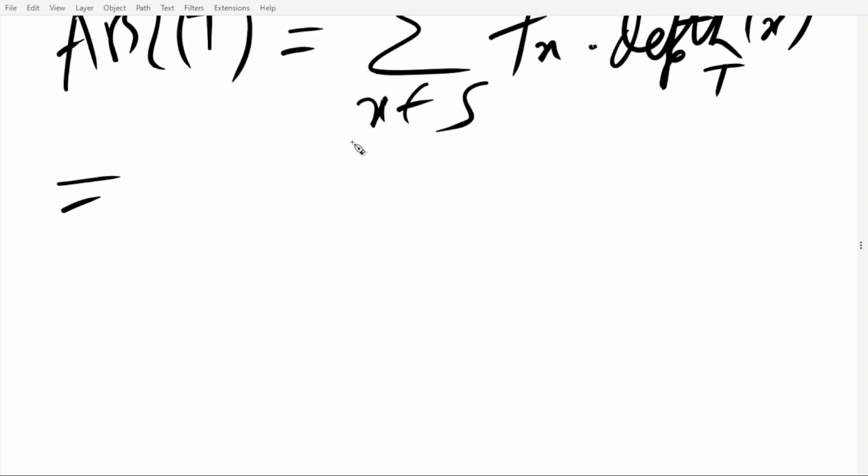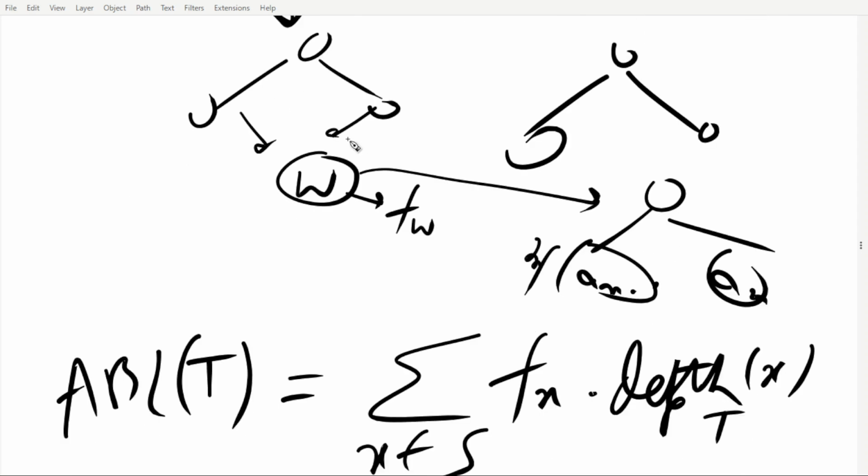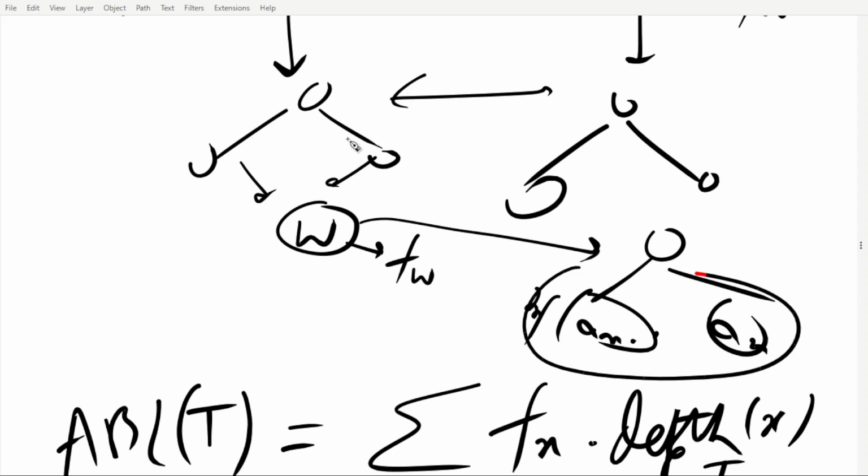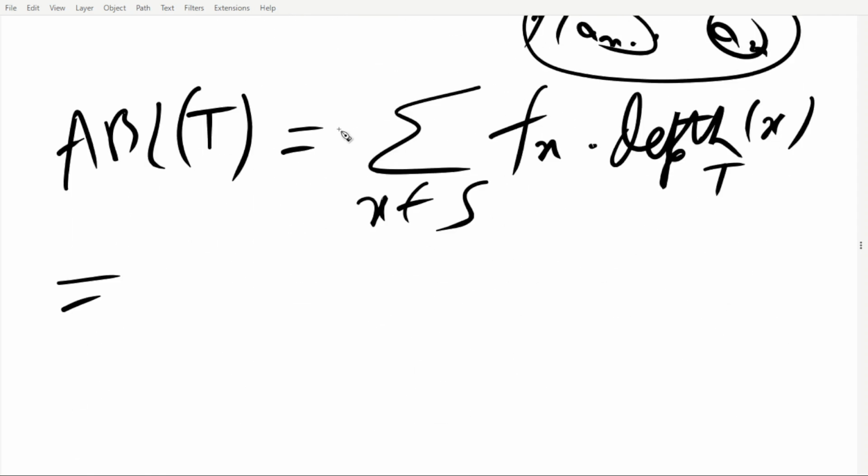So again we divide this in two parts. If we compare the two, everything is identical except for these two nodes. So we simply separate out these two nodes and write the expression. So we separate out an minus 1 and an.